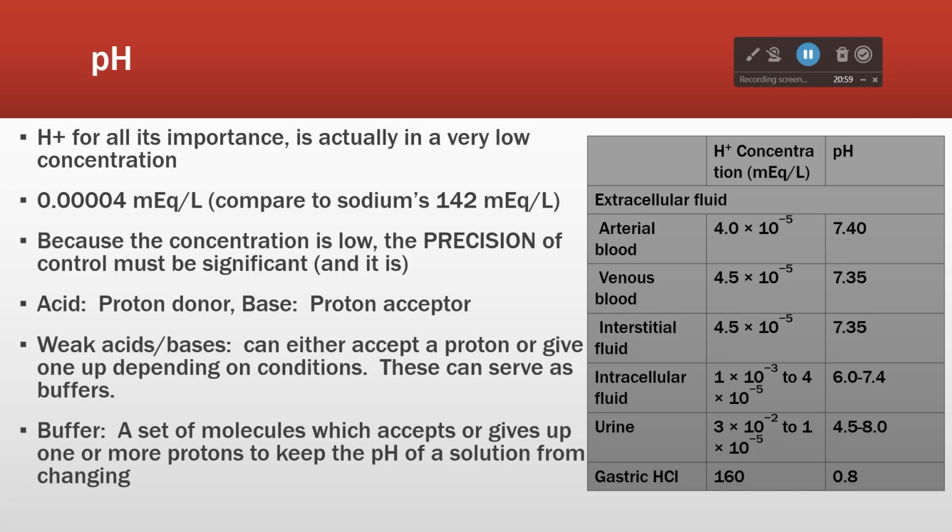So if the concentration is very low and the normal range is very small, the precision of control must be very significant, and it is. The body defends a pH within 0.02 either direction most of the time. Okay, so it's a very narrow range.